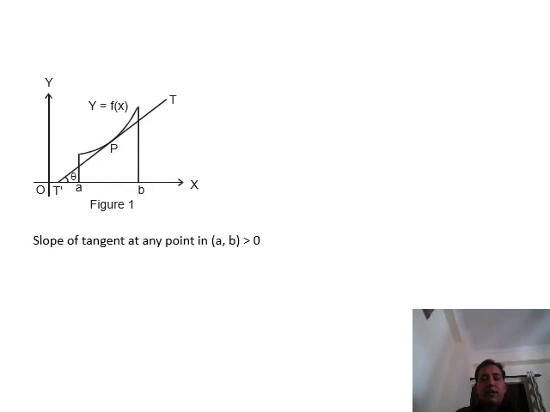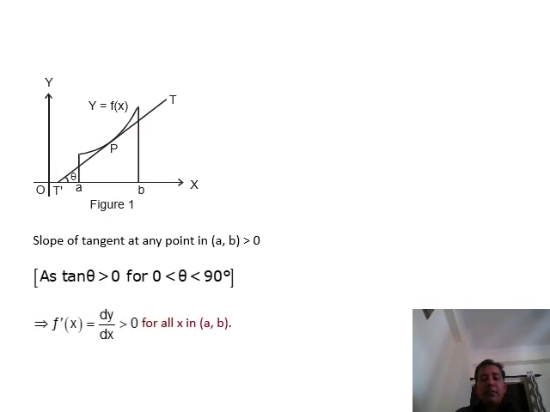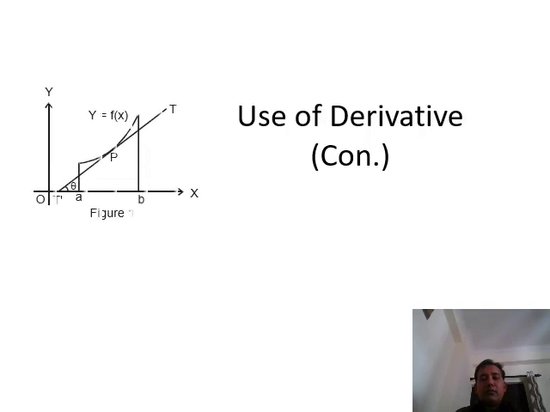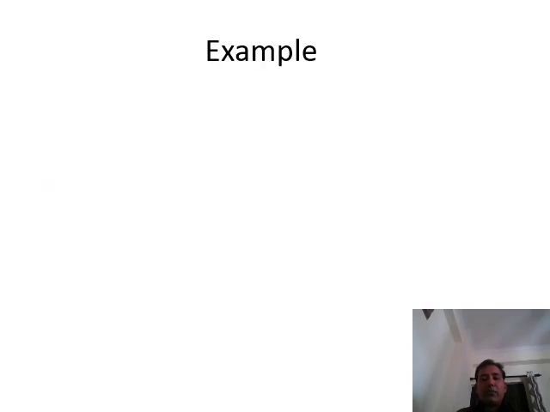The slope of the tangent at any point in AB is greater than 0, as tan theta is greater than 0 for theta lying between 0 and 90 degrees. This implies that f dash x is equal to dy upon dx greater than 0 for all x in AB. This means the tangent to the curve always makes an acute angle with the positive x-axis.